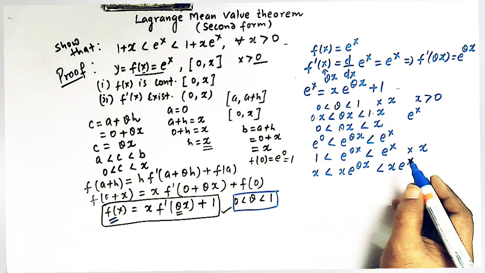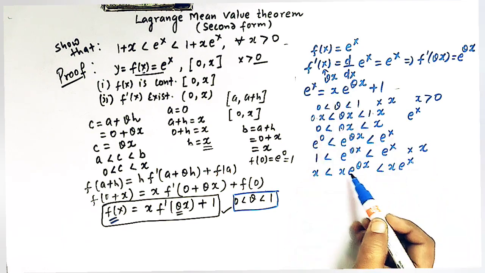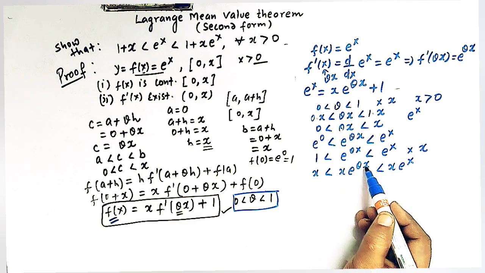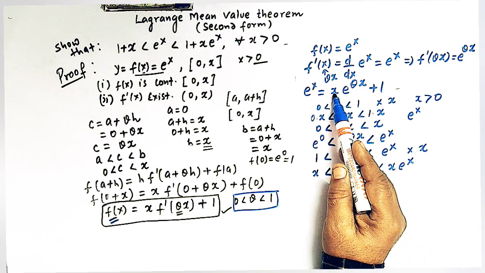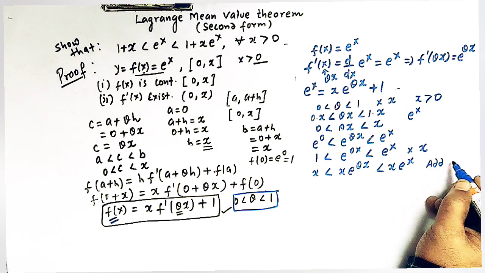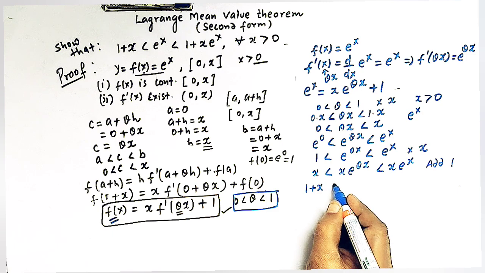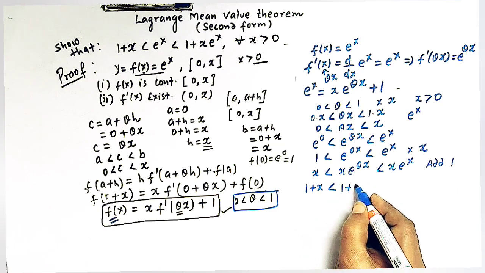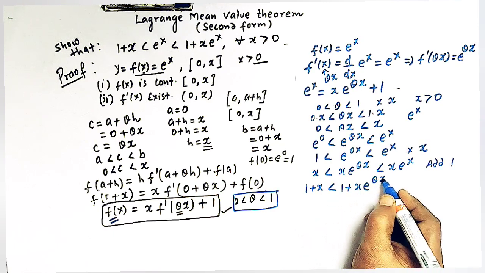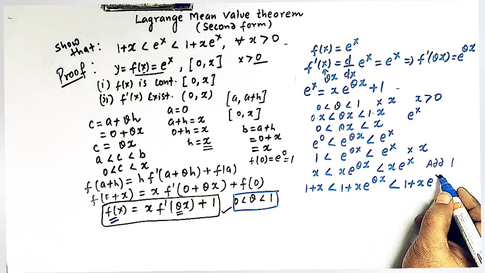Now let us add 1 throughout this inequality, because we have now here x e raised to theta x. Here also we have x e raised to theta x. So let us add 1 throughout this inequality. So we have 1 plus x, and here we have 1 plus x e raised to theta x, and here we have 1 plus x e raised to x.